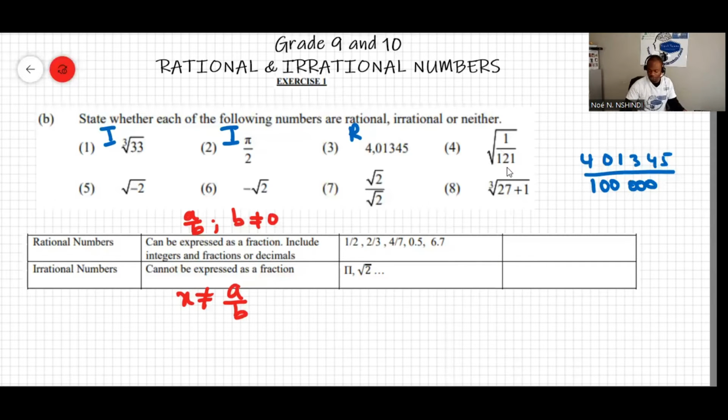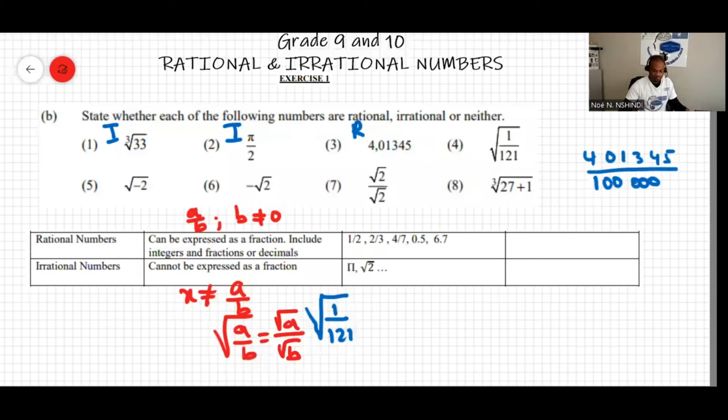Yes, we can, because one of the laws of exponents and radicals says that if you have square root of A over B, this is the same as square root of A over square root of B. So square root of 1 over 121 can be written as square root of 1 over square root of 121.